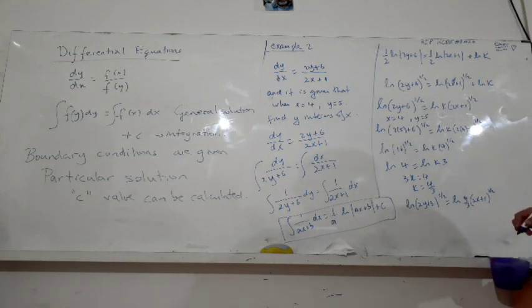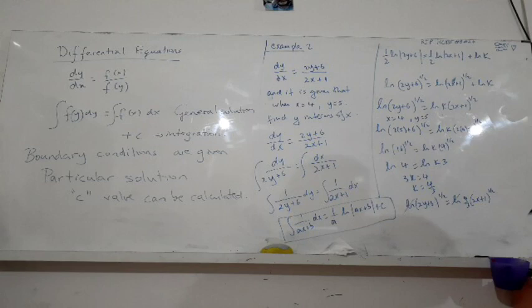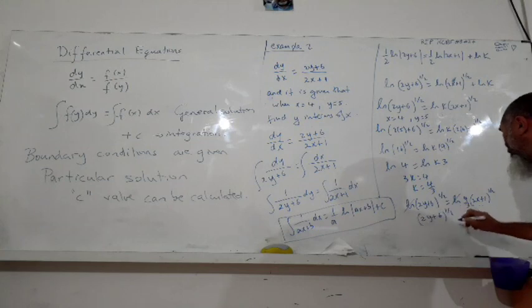So all of them are under ln, and we can cancel the ln's here. (2y plus 6) to the power of 1 over 2 is equal to 4 over 3 times (2x plus 1) to the power of 1 over 2.